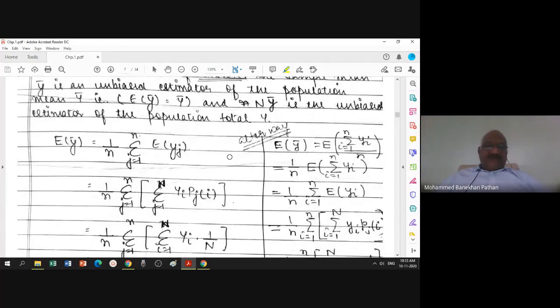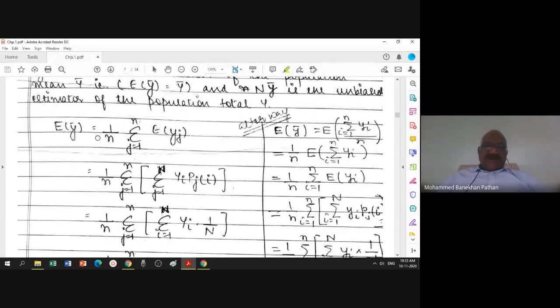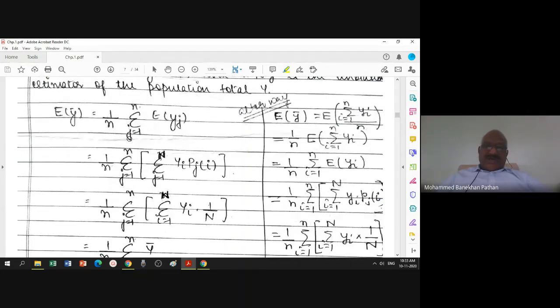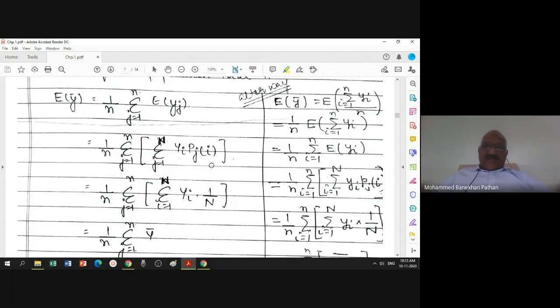Expected value of small y bar is 1 upon n, summation i equals 1 to n, expected value of yi. So this is equal to 1 by n summation, this summation j from 1 to n, summation i from 1 to capital N, Yi multiplied by pj into i.